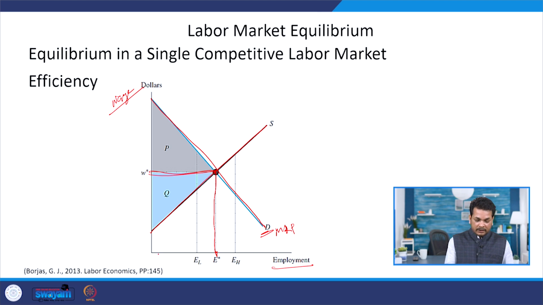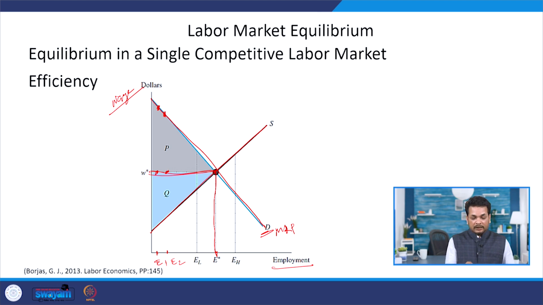Let us say at E1 worker, his marginal product is this, whereas the farm is paying this much wage rate. The second worker, the marginal product, marginal revenue is this, but the farm is paying this much.